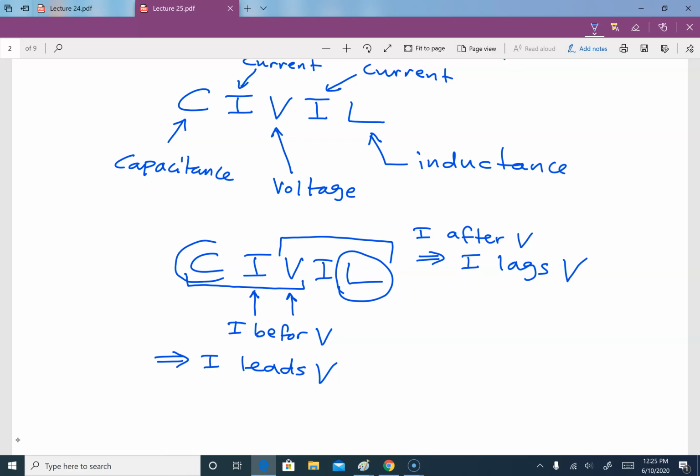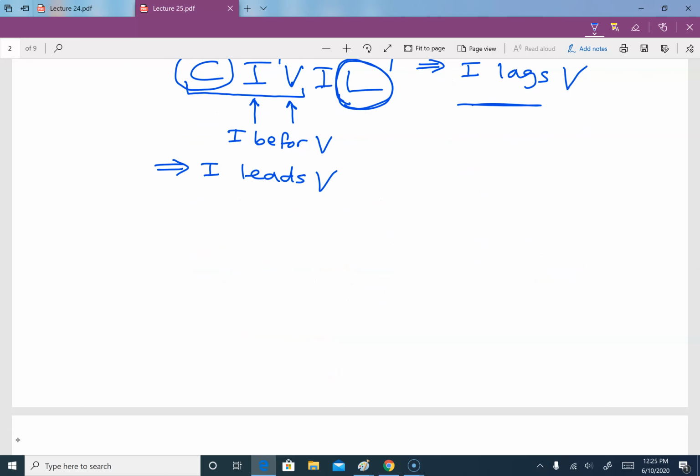So in the case of capacitance, I came before the V, that means I leads V. In the case of inductance, I came after the V, that means I lags V. Don't forget that.